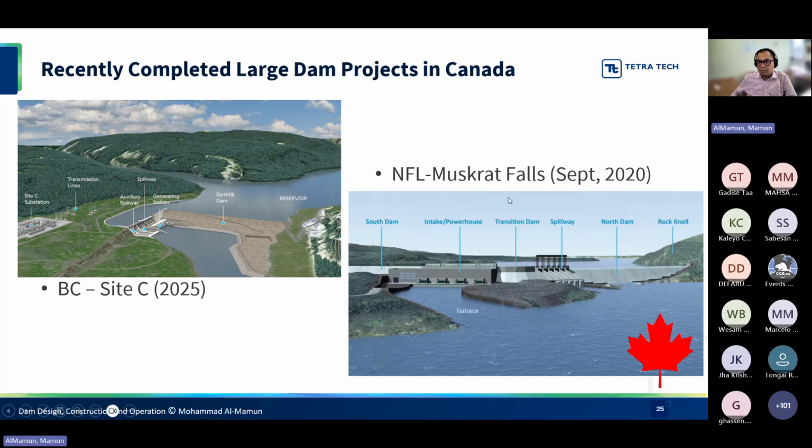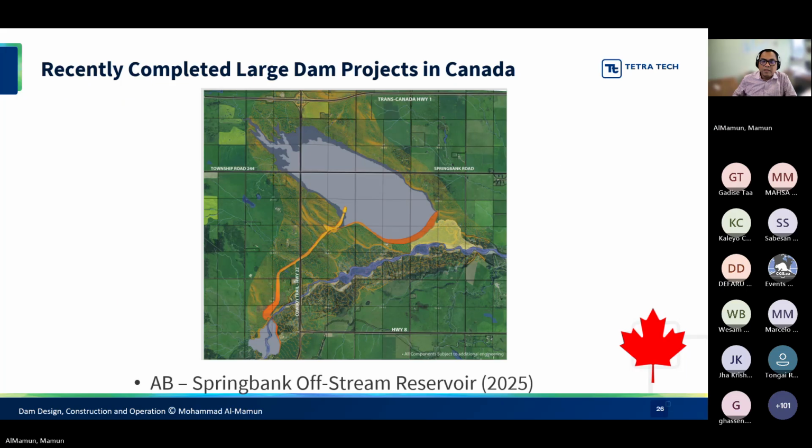Another one is the Muskrat Falls Dam in Newfoundland and Labrador, which was commissioned in 2020. It's also a massive facility. And the one close to my home is the Springbank Off-Stream Reservoir, and I'll share a bit more information about that. The Alberta government has been constructing it for the last 4 years or so, and it's getting close to completion. It's almost a $1 billion project.